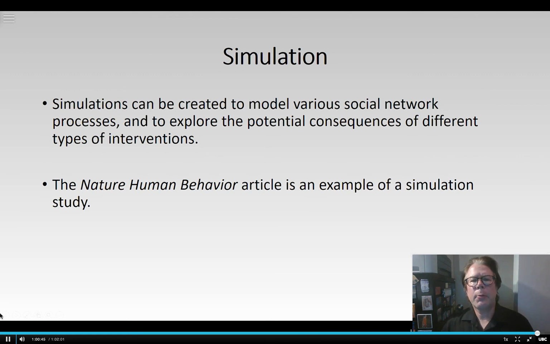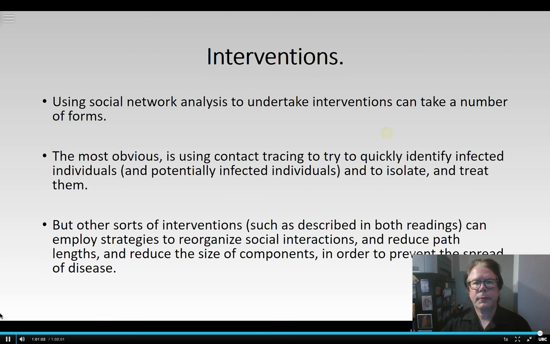Simulations can be created to model various social network processes and to explore the potential consequences of different types of interventions. So, for instance, the Nature Human Behaviour article is an example of a simulation study.